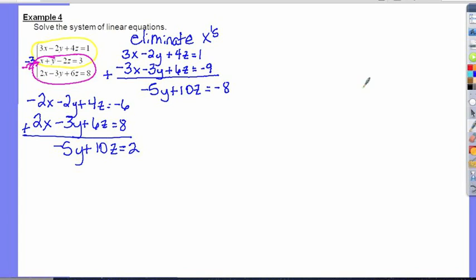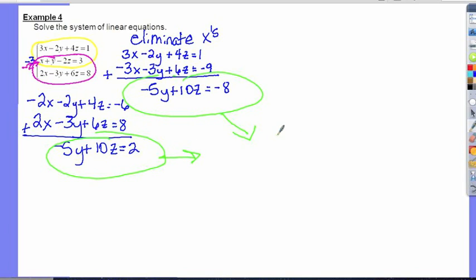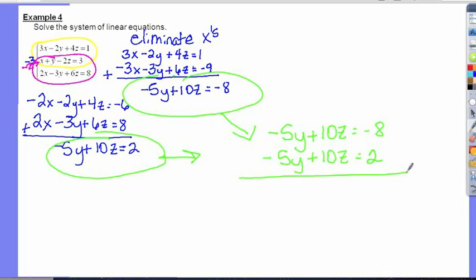Okay, so now I'm going to take these two smaller equations and put them together and work on those. -5y plus 10z equals -8. -5y plus 10z equals +2. If I try adding these like they are, nothing's going to cancel, but like on the last problem, if I multiply one of them by a -1, then I will be able to cancel something out.